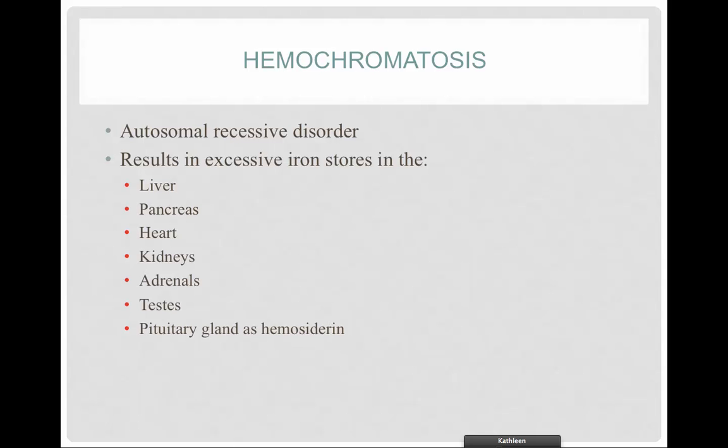An autosomal recessive disorder means that two unaffected people who each carry one copy of the mutated gene have a 25% chance with each pregnancy of having a child with the disorder.